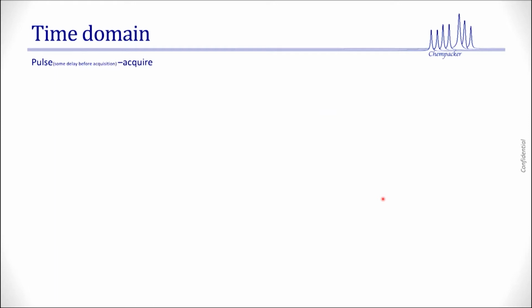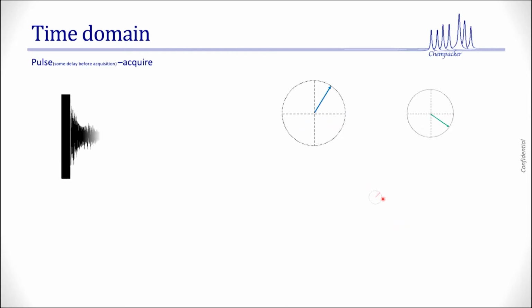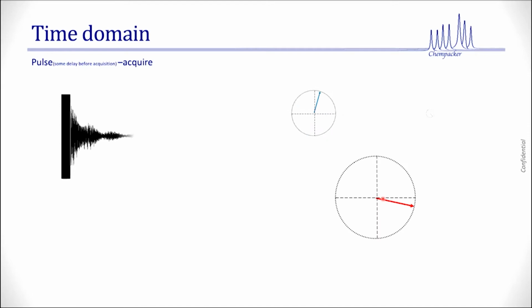If you happen to have a little bit of time after the pulse, you get a phase, which is most of the time the case, because you have some hardware reason or some software reason, whatever that may be. They are all pointing in slightly different directions. That is your phase, and they all precess the same way. Each one precesses at its own speed, decays at its own speed, and we are collecting data at that time.